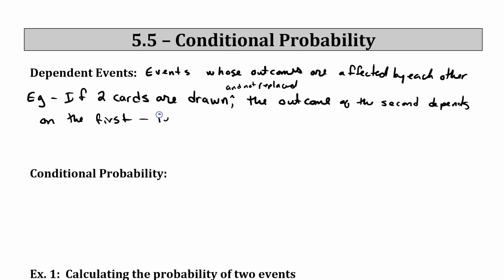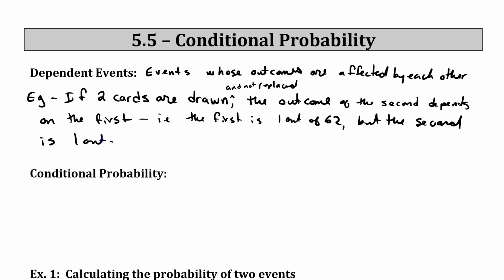So, i.e., the first card, if it's a standard deck of cards, the first is 1 out of 52, but the second is 1 out of 51, because there's one less card.